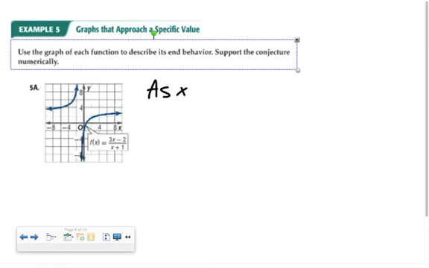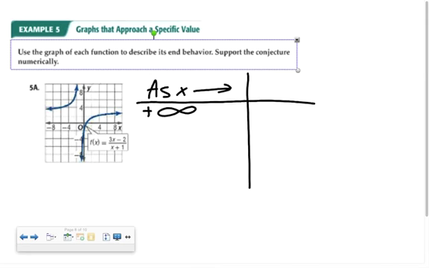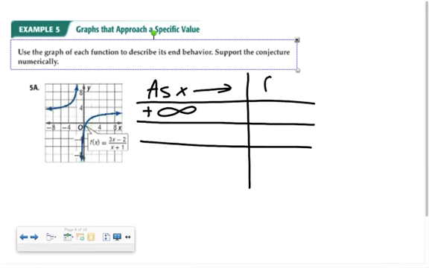As x approaches positive infinity, what's happening to f of x? All right, so as x approaches positive infinity, as my graph is going further and further to the right, it looks like somewhere between 2 and 3.